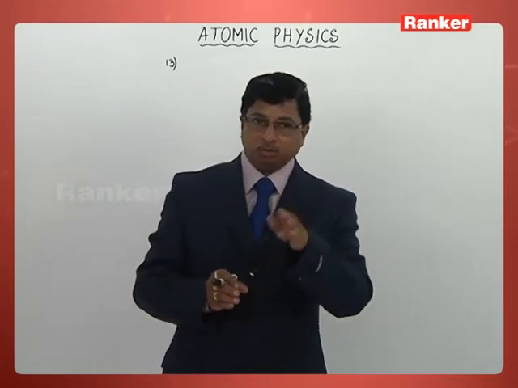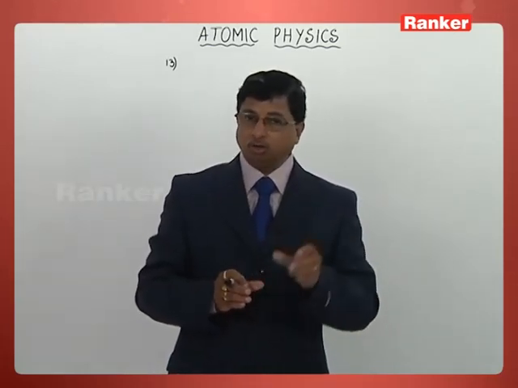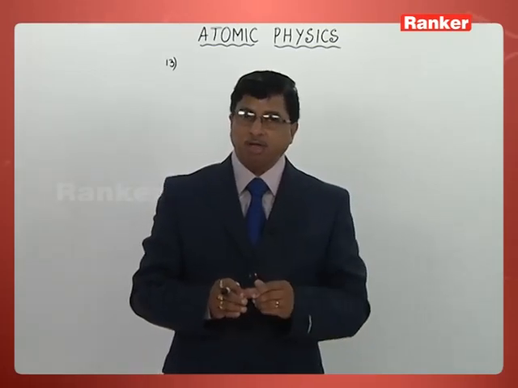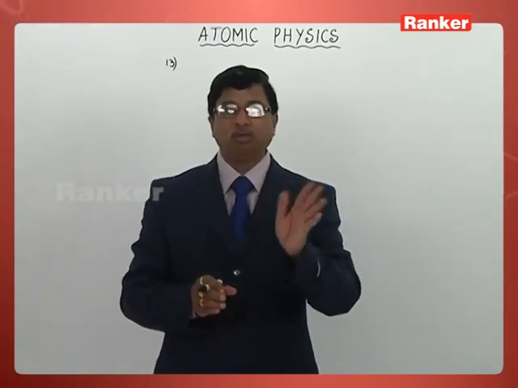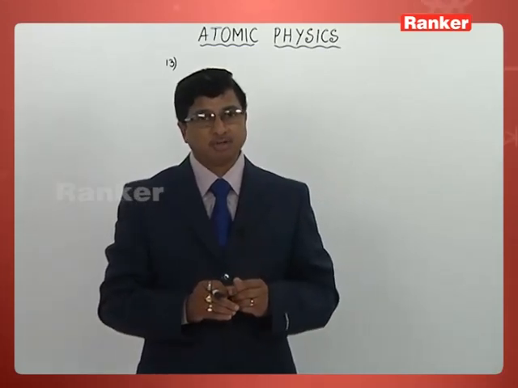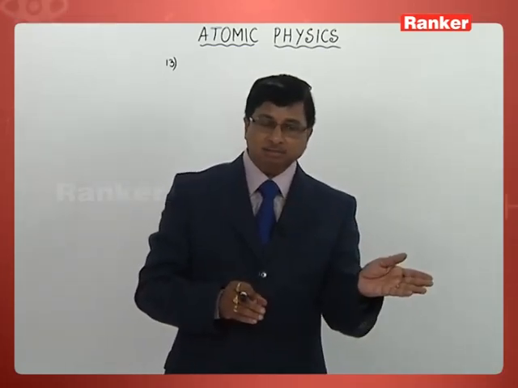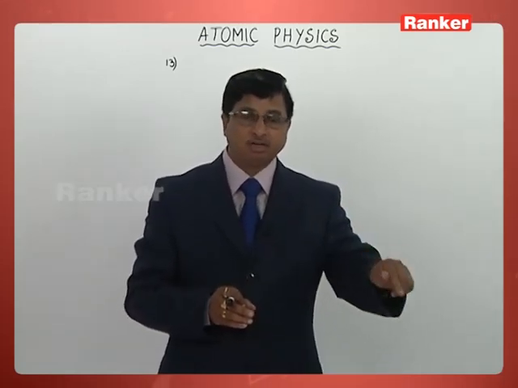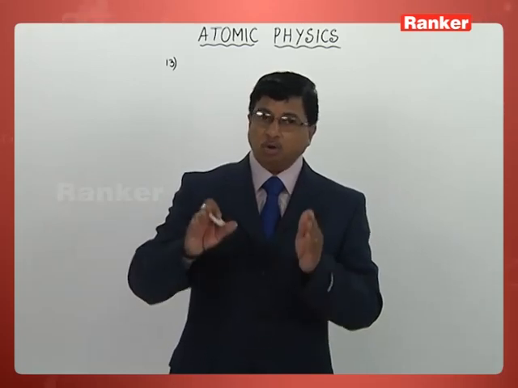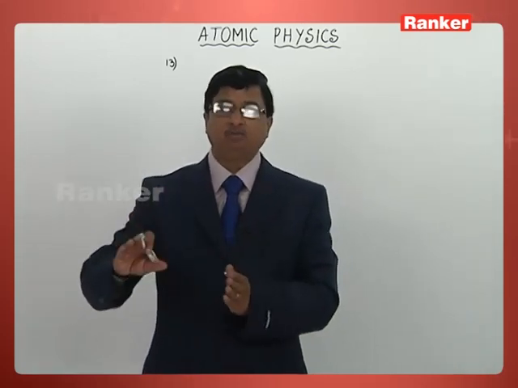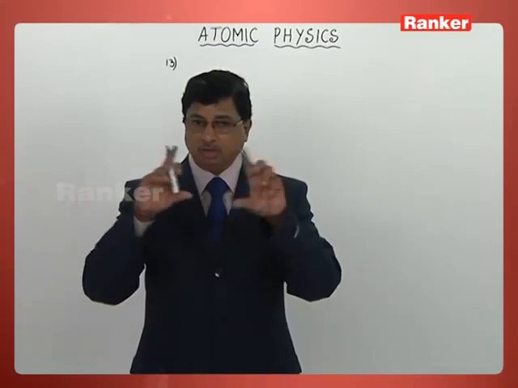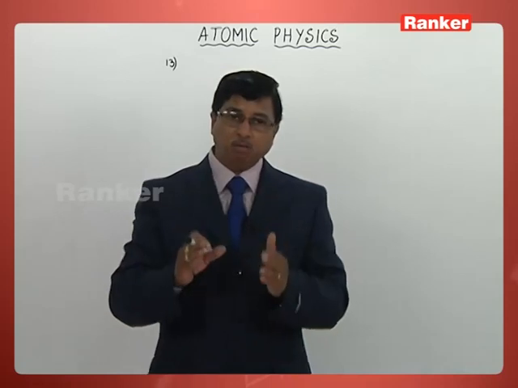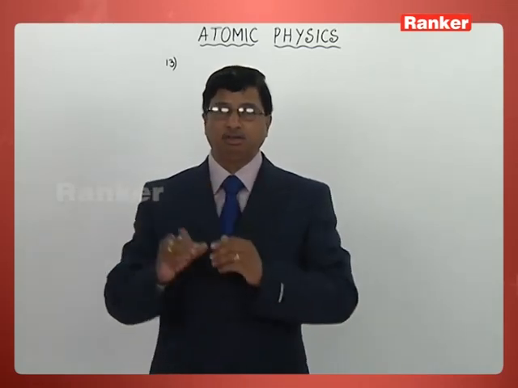If you move towards the left, you will find the ultraviolet region, from 100 to 4000 angstroms. Less than 100, and sometimes less than 10, falls in the X-ray region. And more than 7500, if you move towards the right in the electromagnetic spectrum, will be in the infrared region.